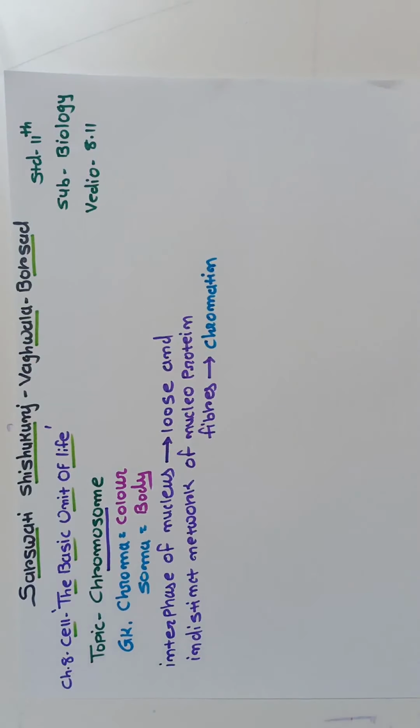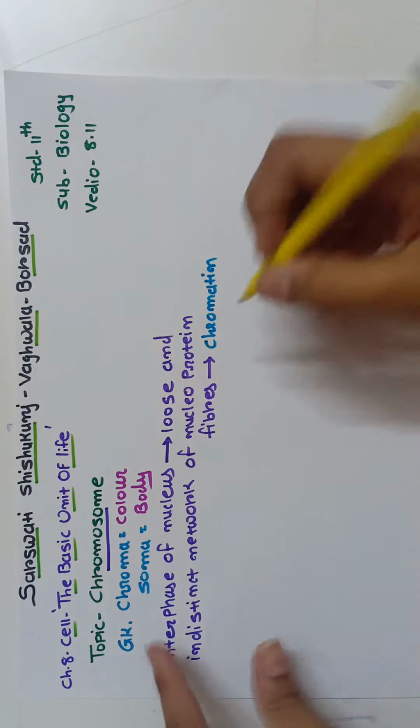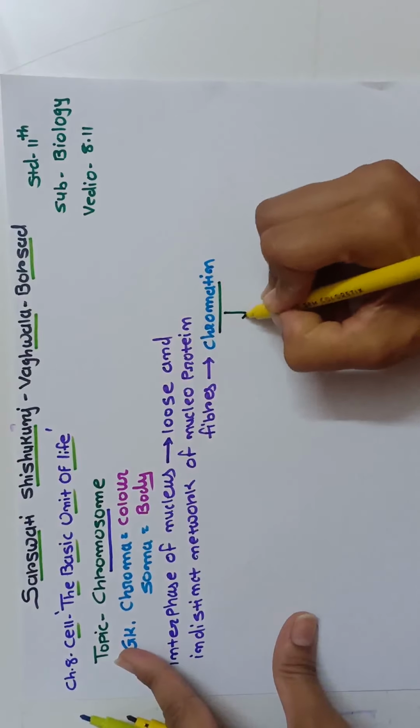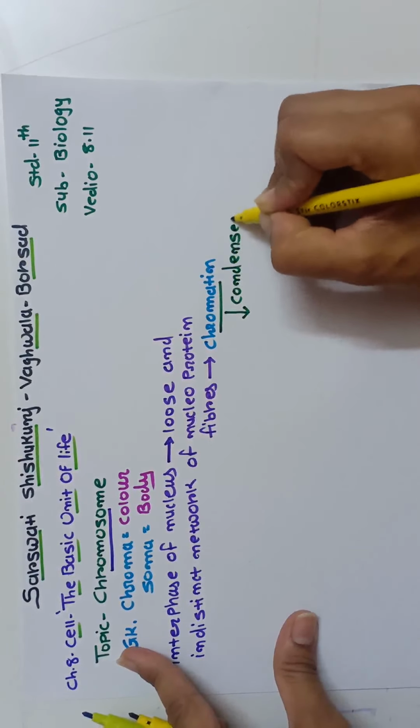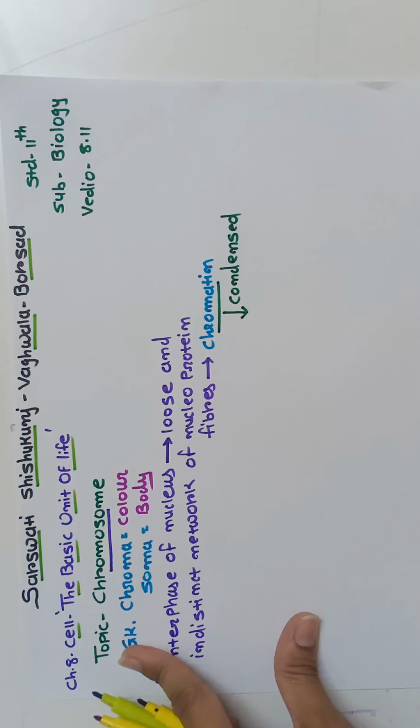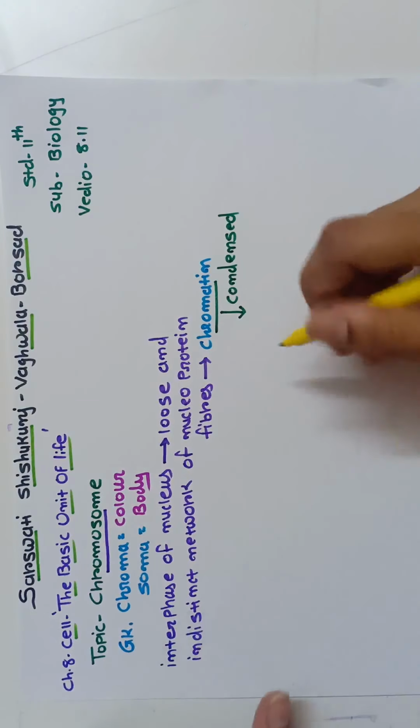This chromatin material gets condensed to form chromosome.